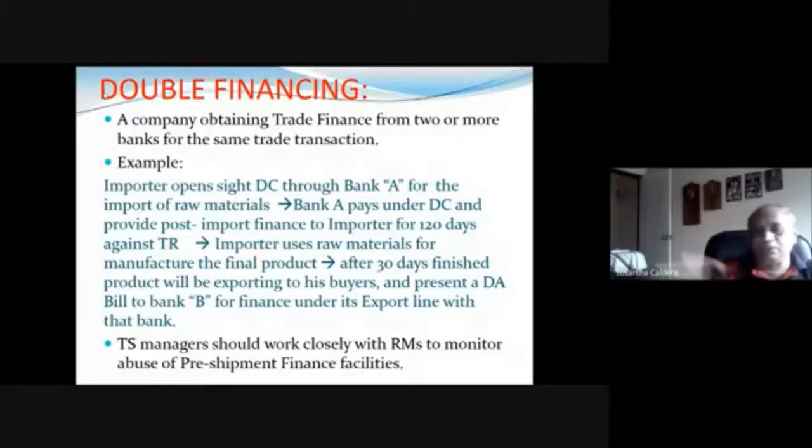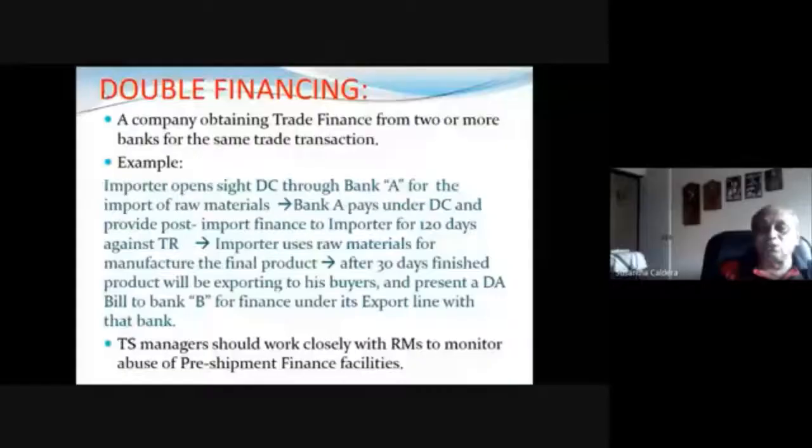Importer uses raw materials for manufacturing the final product.